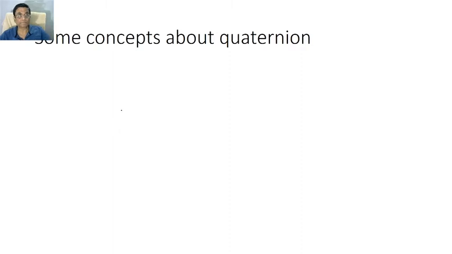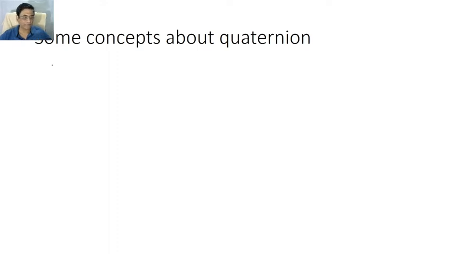So Quaternion, as I told in the last class, is nothing but a vector representation in a four-dimensional space where the three mutually perpendicular axes are all imaginary axes, which are mutually perpendicular to a real axis.